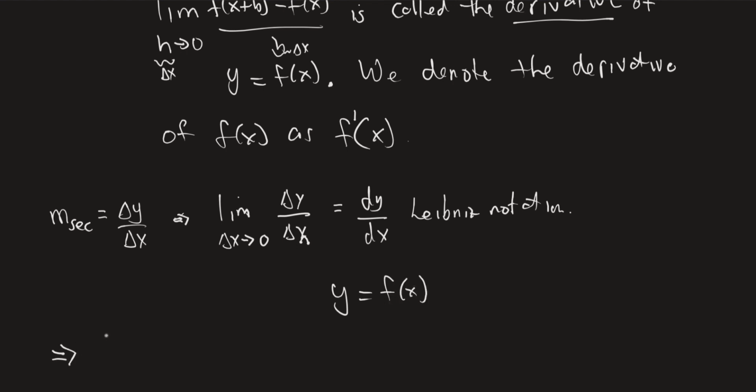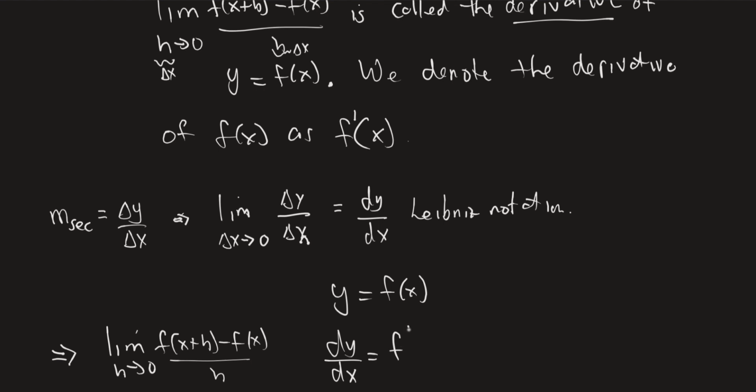Right? So let's just kind of summarize, and we have a function y equals f of x, and when we apply this limit, so the limit as h approaches 0 of f of x plus h minus f of x over h, as long as this limit exists, we're now going to get a new function which is denoted either that way or that way, and it is called the derivative, right? In fact, it's the derivative of y equals f of x.